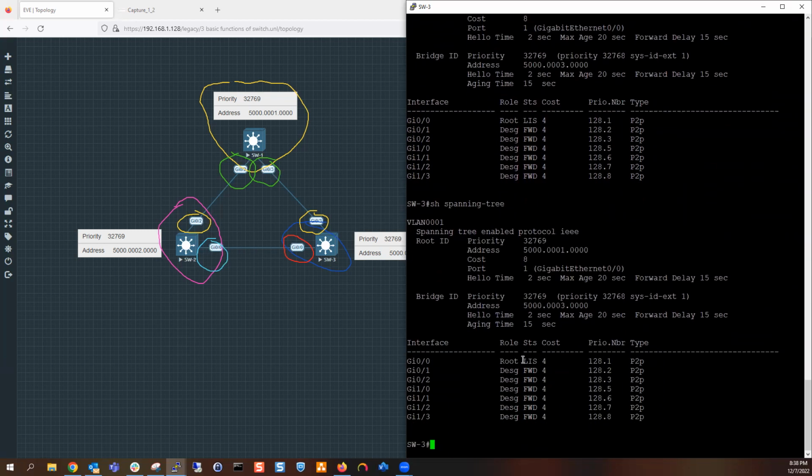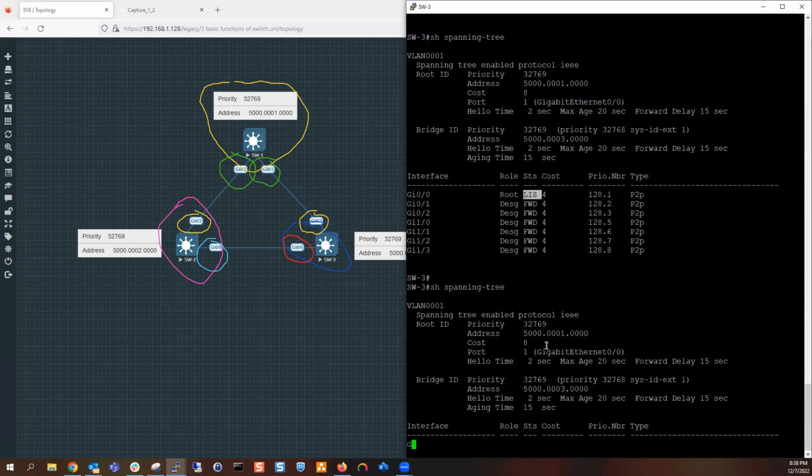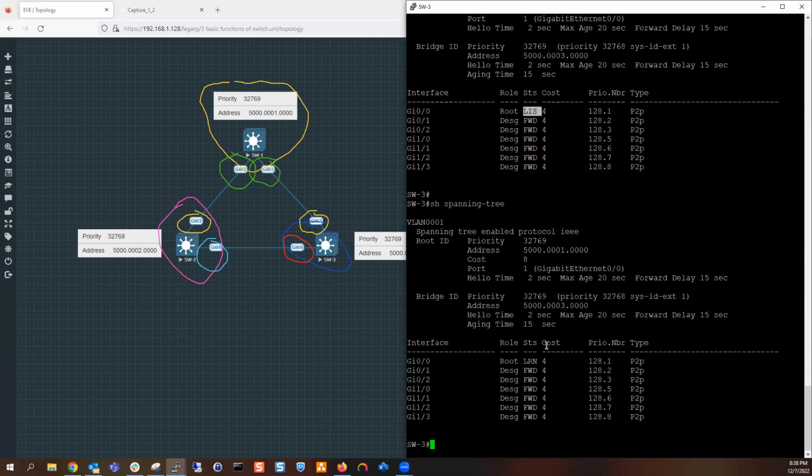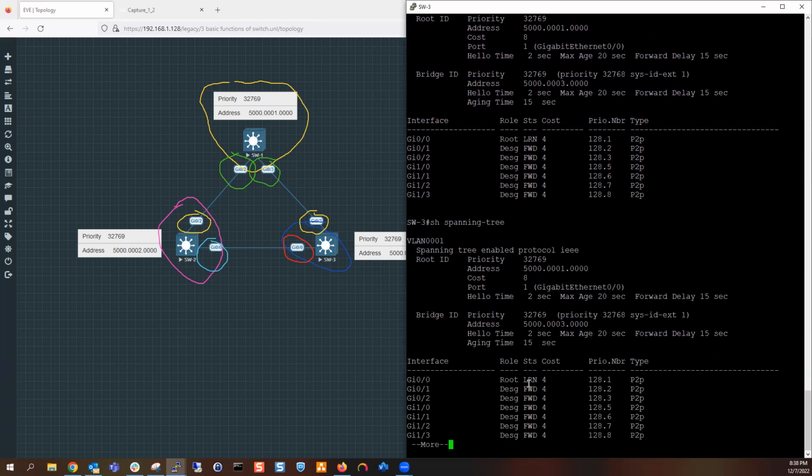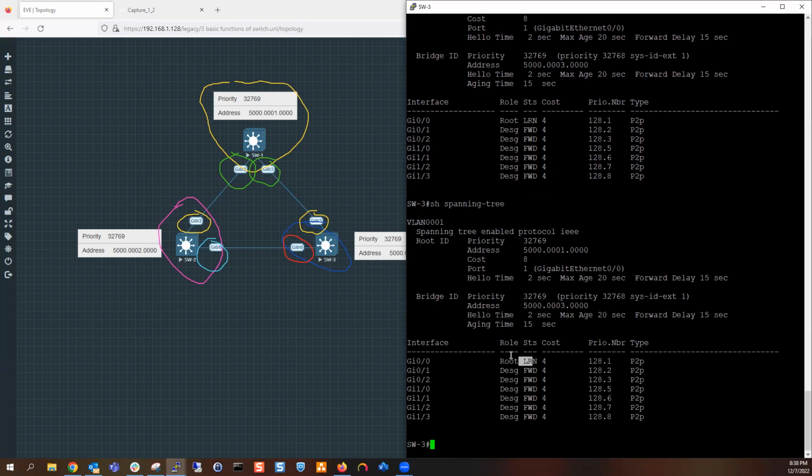Okay, it's going through the different states with spanning tree, because of course this uses the old spanning tree. So we're going through listening state, right? Okay, it's learning state. All right, it already said it's the root port, but it's still going through. It's not forwarding yet.